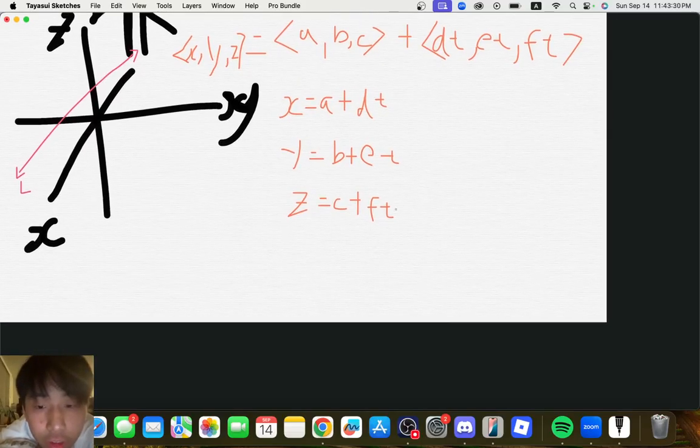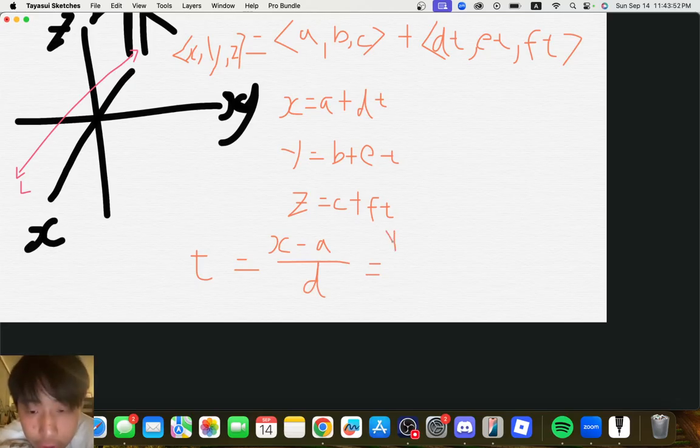If you don't want the parameter t and just want x, y, and z, you can solve for t, and we get the equations x minus a over d, the slope, and that's also equal, because they're the same t, to y minus b over e, and it's also equal to z minus c over f.